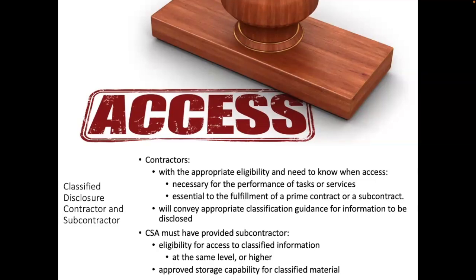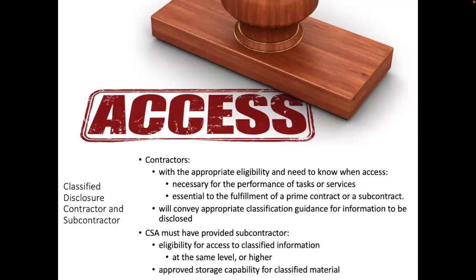So if you're in a subcontract relationship, you may share that classified information on that contract if it is in performance of the contract, and if the other contract organization has the appropriate security clearance level, appropriate storage level, and of course that need to know.